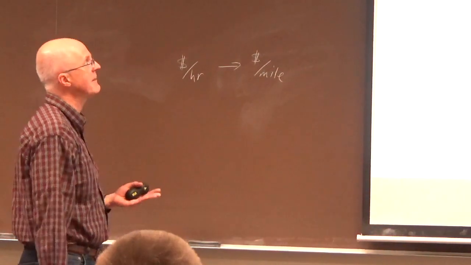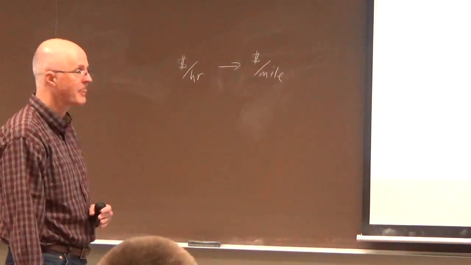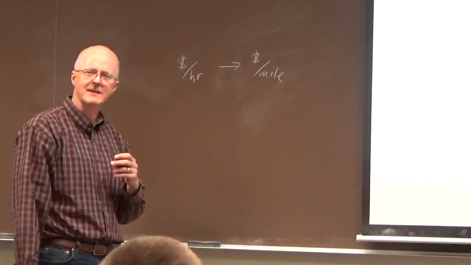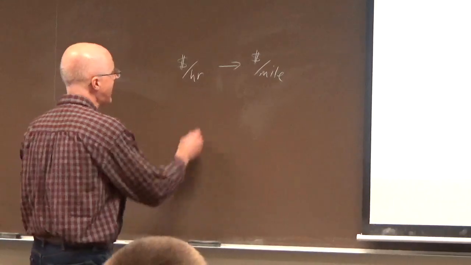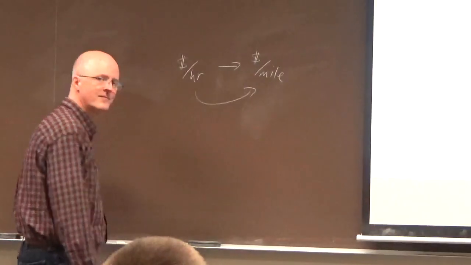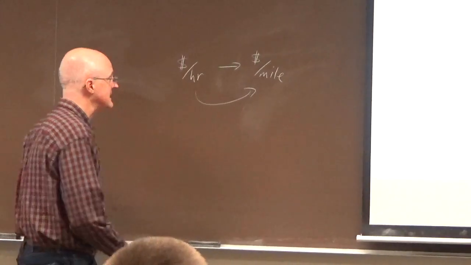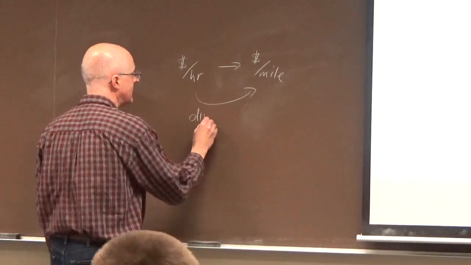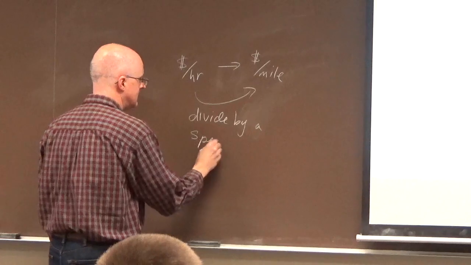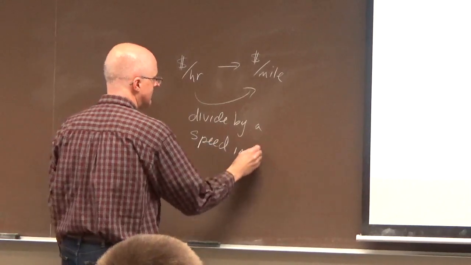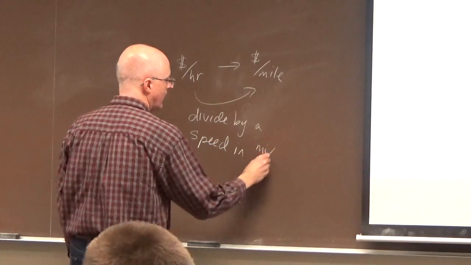The key thing to think about are those units, and the fact that we're thinking about the speed of the boat, which would be in miles per hour. A way to get from here to here, in terms of the units at least, is to divide by a speed in miles per hour. Why?